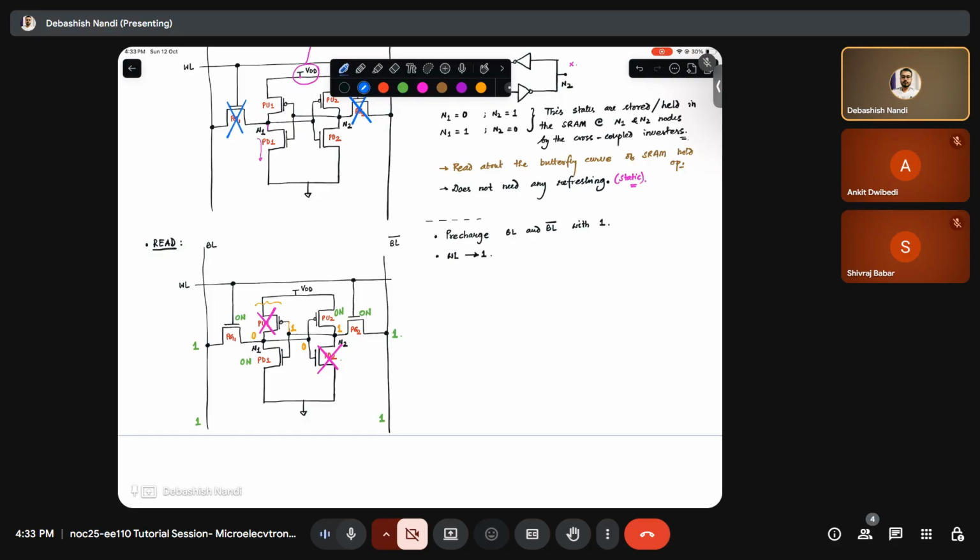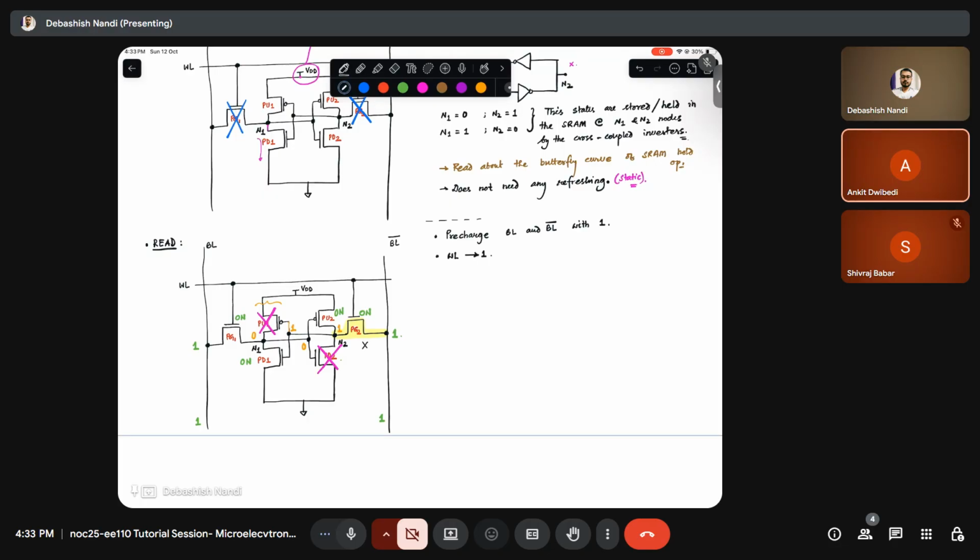So in this right hand side, across this transistor between the drain and source, you see 1. So no current will flow. Can you see that?